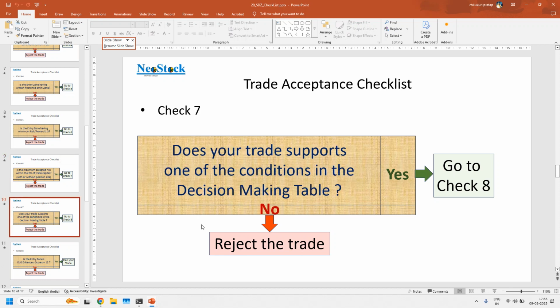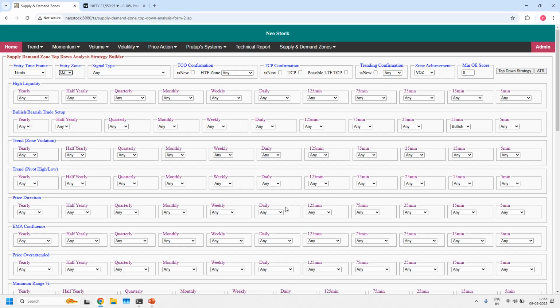What is the next one? Does your trade support one of the conditions in the decision making table? The decision making table I explained in lesson 14. It is essential that everybody completes the training lesson. Whatever rules I explained, everything will be taken care of by our software. Where will it take care? Here, bullish or bearish trade setup. I selected 15 minutes, I selected bullish, right?